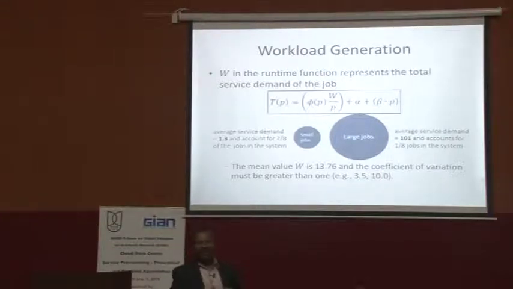I gave you that yesterday; if you don't remember it, I'll dig it out. Now, that coefficient of variation must always be either 1 or greater than 1. If it is 1, you have an exponential distribution. If it is greater than 1, you have a two-stage hyper exponential. Okay, so that's why here I said 3.5 or 10 or whatever. Okay?